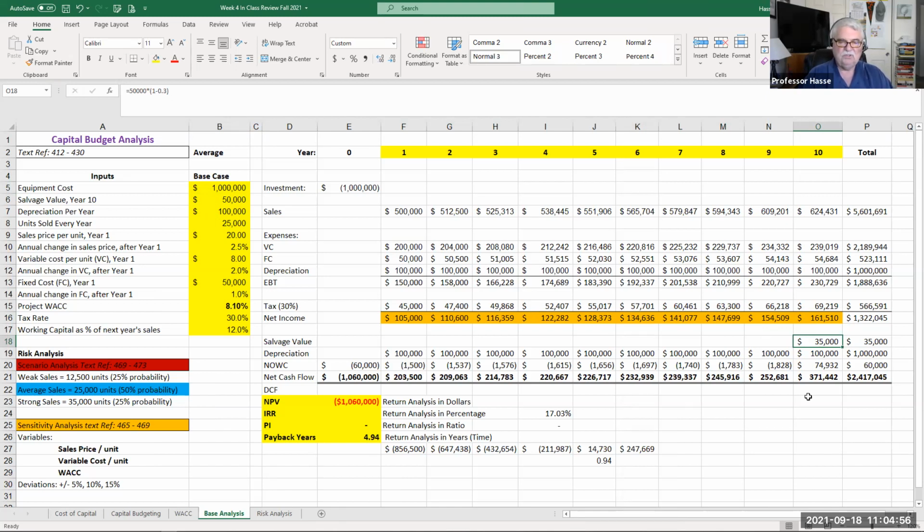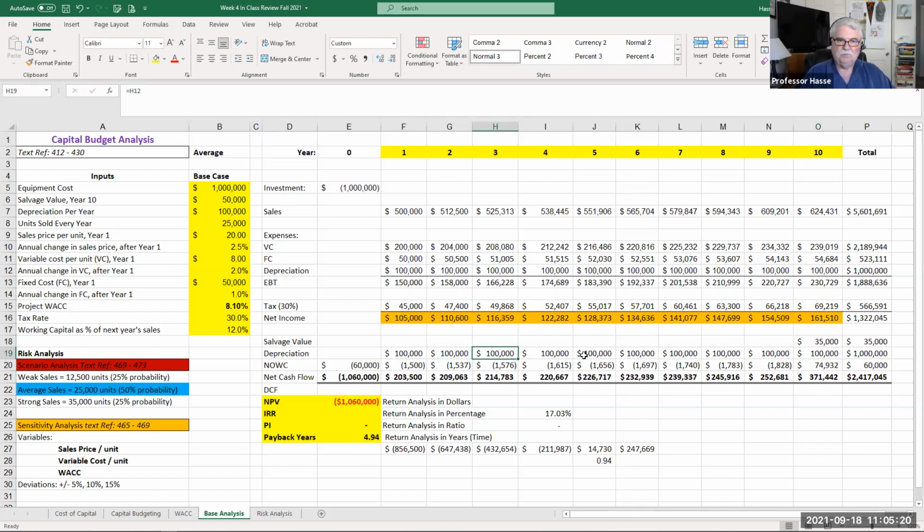Because they fully depreciated the asset, that $50,000 is taxable gain. So you take 30% out of that $50,000, and they're getting a net after-tax salvage value in year 10 of $35,000.